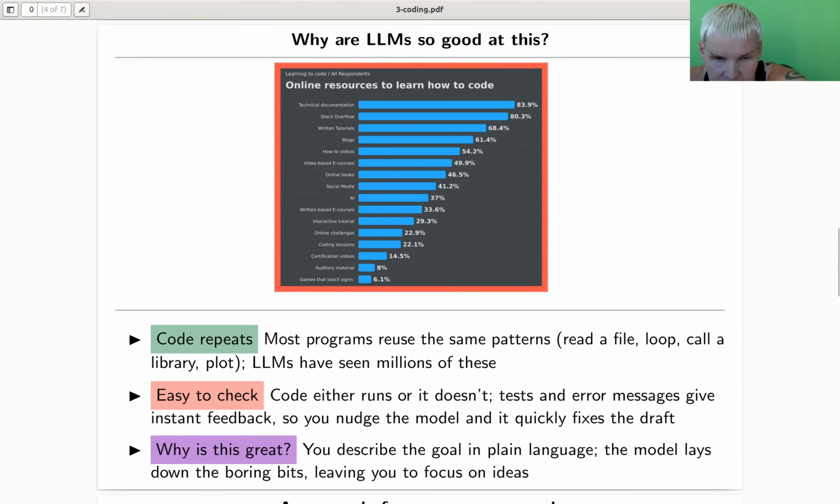So why is this actually so good? Why are LLMs so good at it? Well, most programs are actually the same, right? Most programs use the same patterns. Why is AI so good at solving small math problems? Because most math problems are very similar. There are very few things we actually know well. Math is about rigorous proving, and there are not many things you can prove, so most proofs follow the same outline.